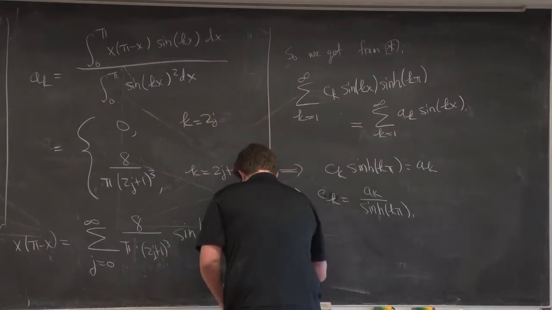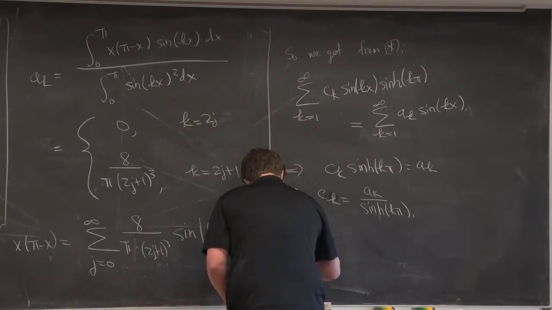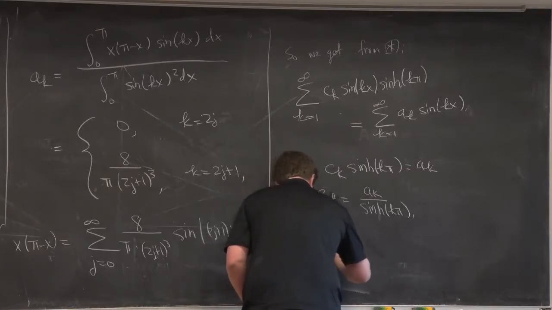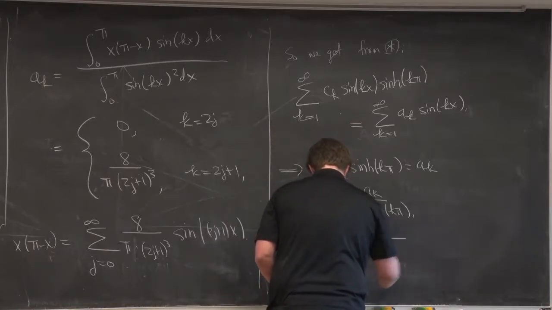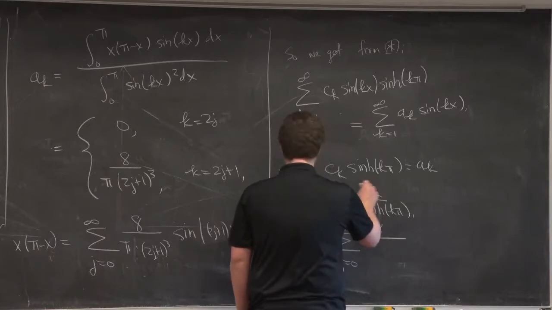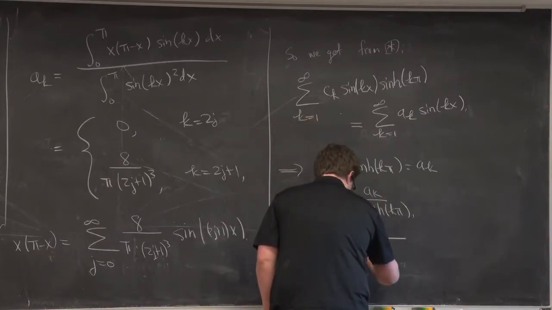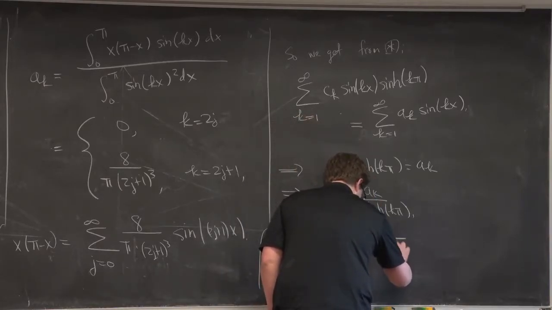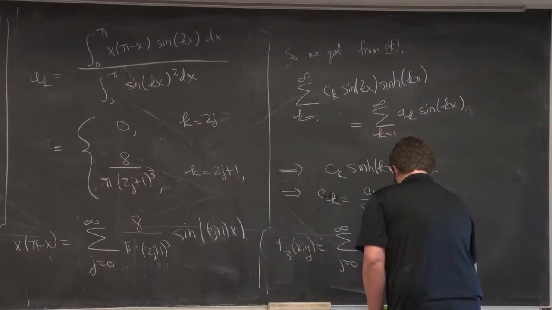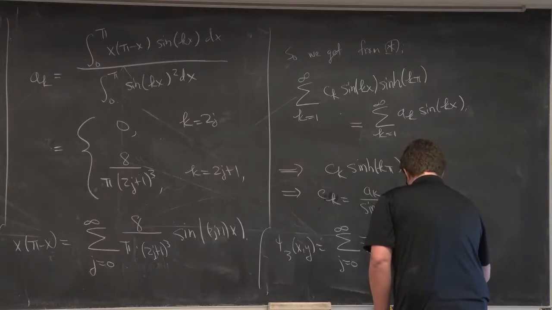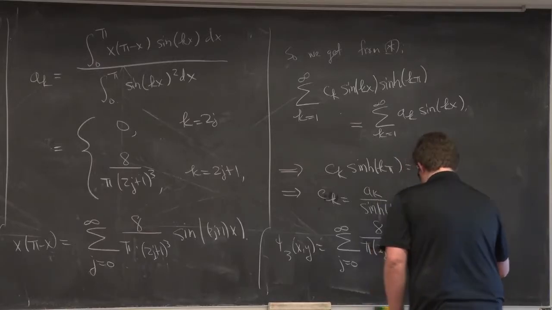So this tells us that psi 3 is the sum from j equals 0 up to infinity of 8 over, so now we're just going to do the same thing, pi (2j plus 1) cubed, hyperbolic sine of (2j plus 1) pi.